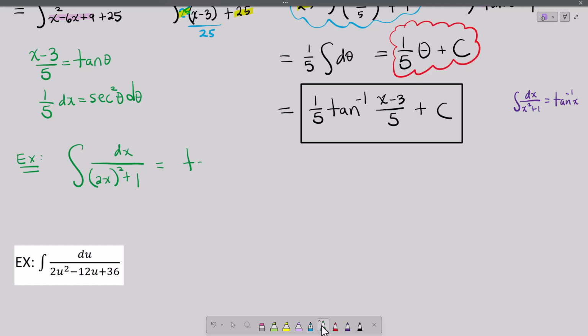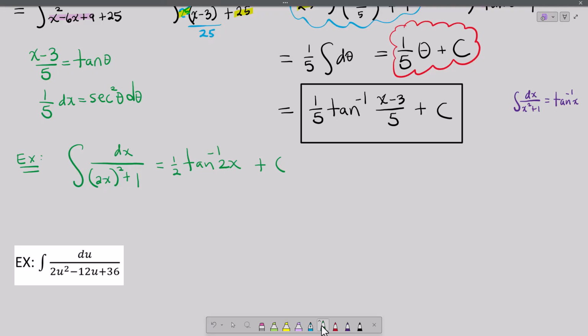That's inverse tangent of 2x plus c. What's the reverse chain rule going to do here? What's going to be the coefficient? It will be a half, because reverse chain rule says whatever this is, take its derivative and divide by that quantity. So we'll get a 1/2. So you could do it immediately.